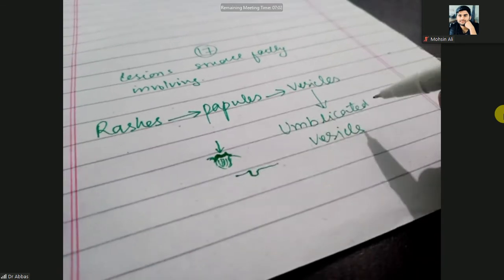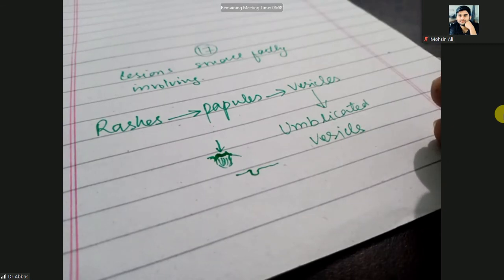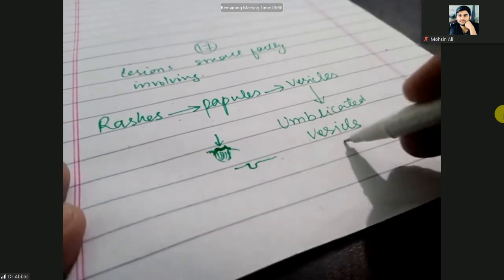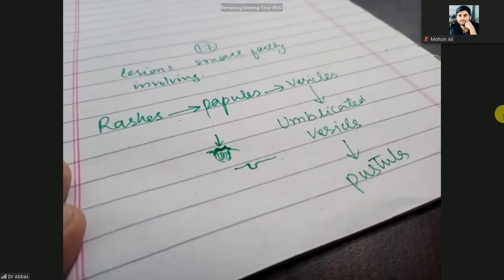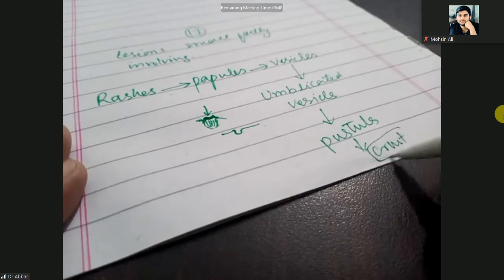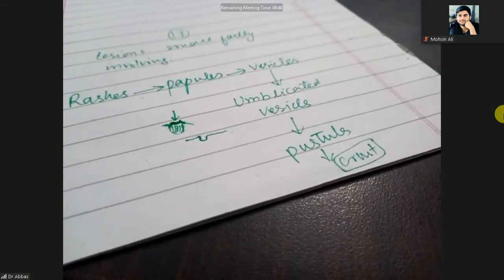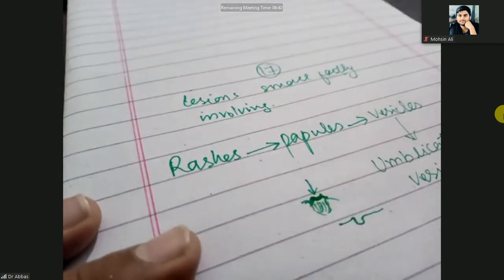These vesicles then turn into pustules, pus-filled lesions. Finally, they turn into crusts. This is the final crusting, the sign of healing. So these are the rapidly evolving lesions.